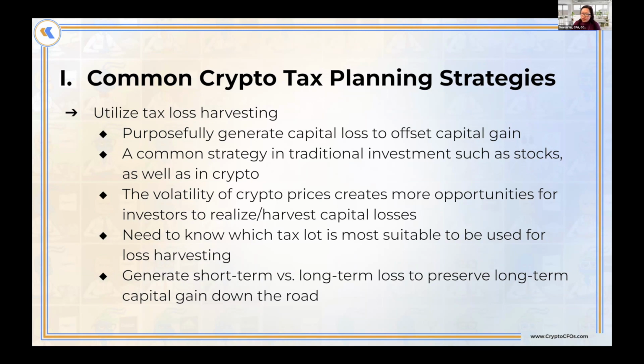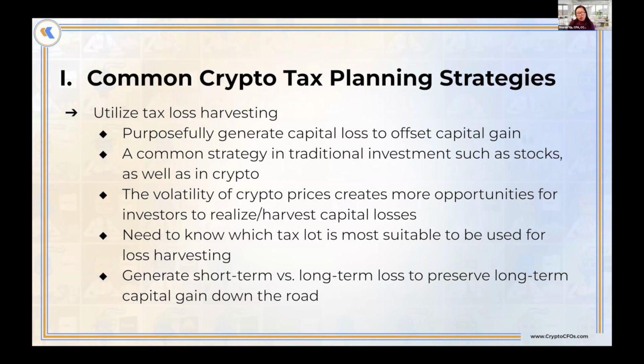And this strategy has been advertised by, I would say, most crypto tax software companies as almost like a silver bullet for saving crypto taxes. Probably because the volatility of crypto prices creates more opportunities than traditional investment, such as stocks, for investors to harvest capital losses.